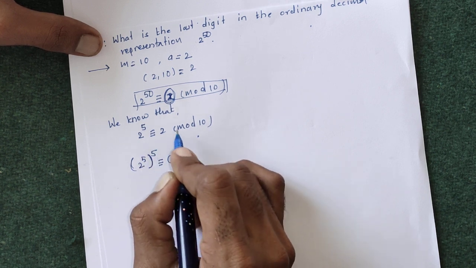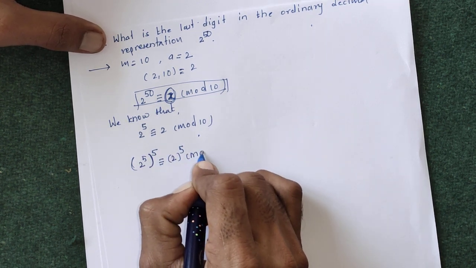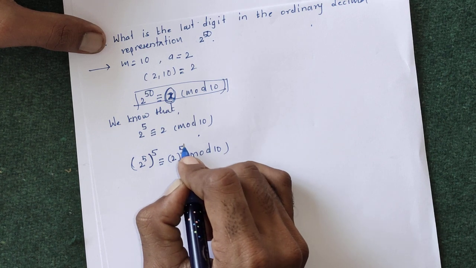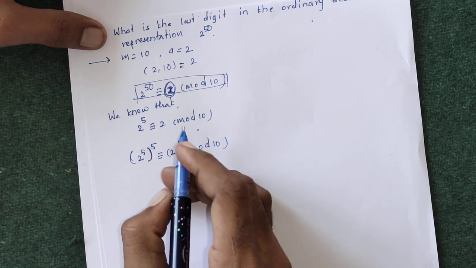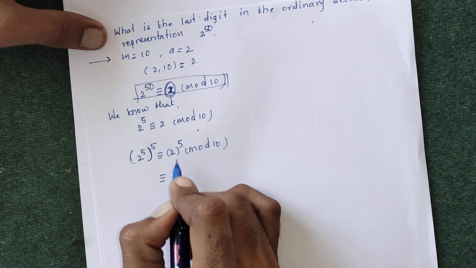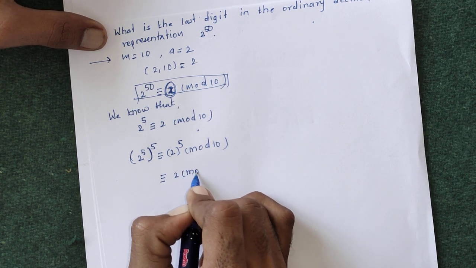Increasing the power of both sides by 5, we get modulo 10, again 2 raised to 5, and 2 raised to 5 is congruent to 2 modulo 10. So we can directly write here 2 raised to 5 is congruent to 2 modulo 10.